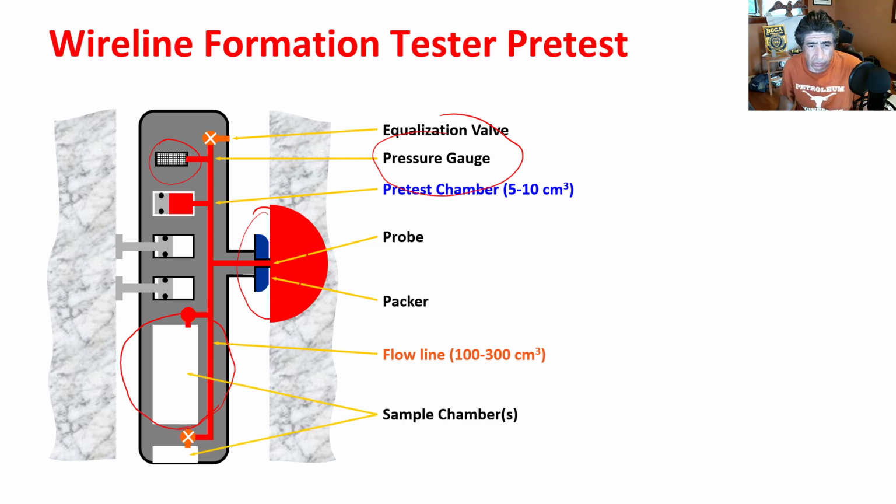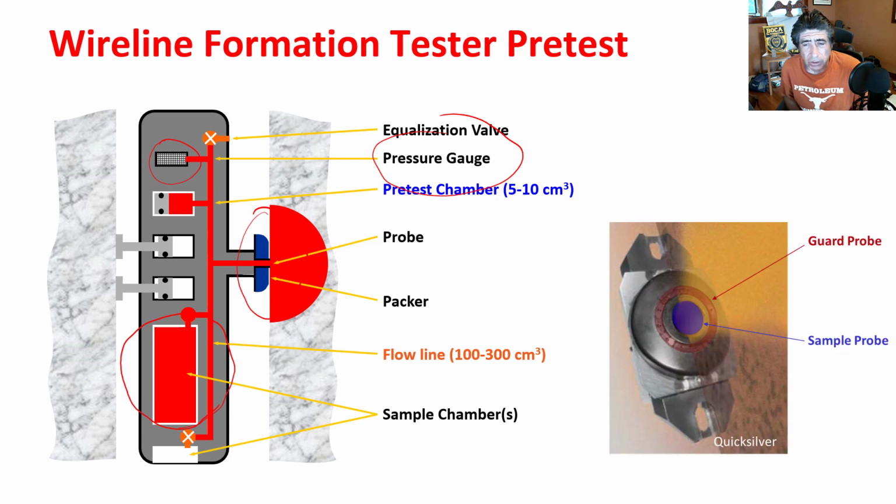That's also possible. So those are the sample chambers. So that's how it works. And then this works over time. And as I said, the probes can be different. Some probes are optimized to better sample the fluids, or to more quickly sample the in-situ fluids, so that you get rid of the mud filtrate as soon as possible.